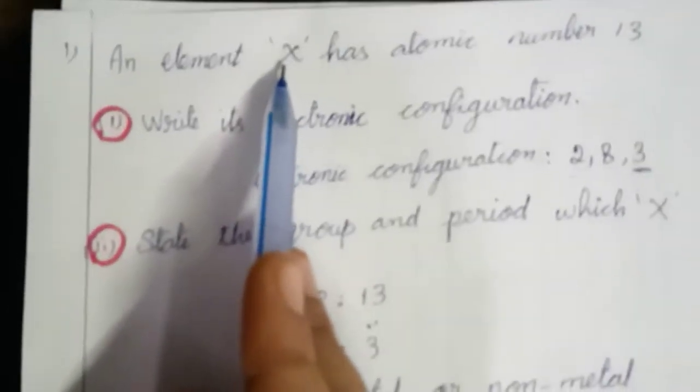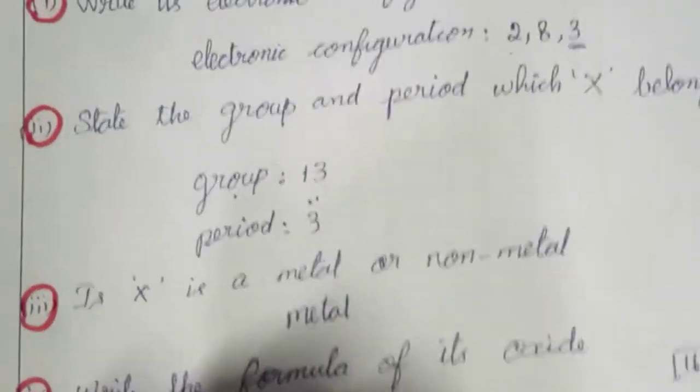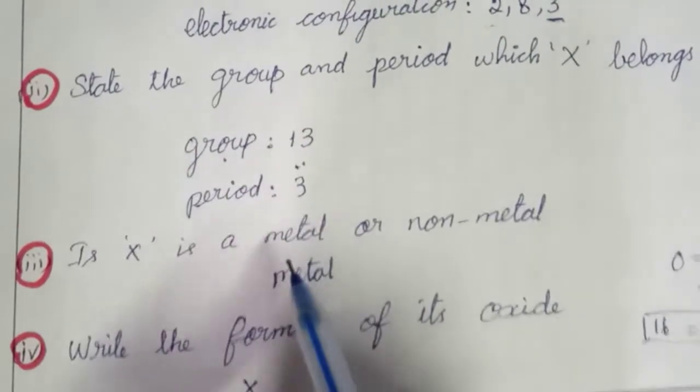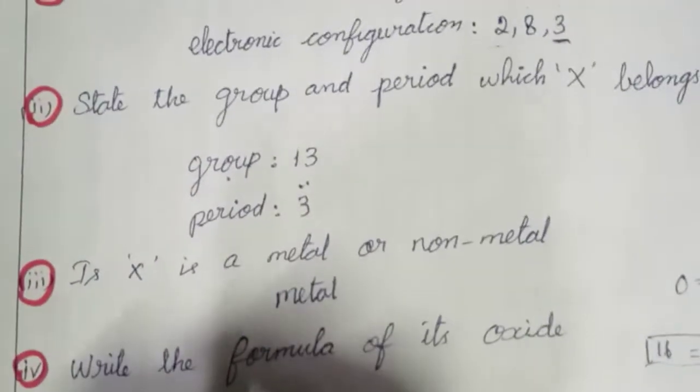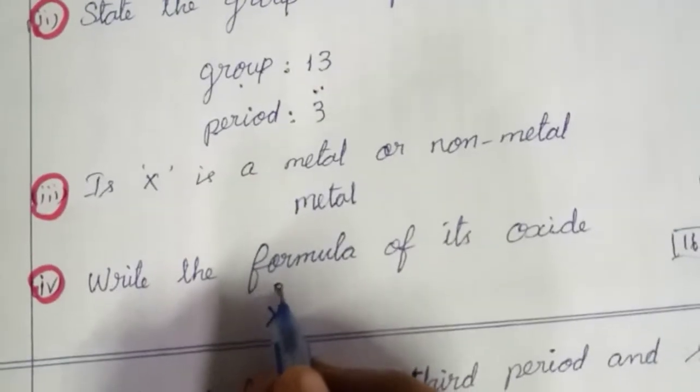Here the element is not mentioned, so we simply write X. What is the valency of X? Here it is a group 13 element, so its valency is 3. Write the valency on the top of the element.